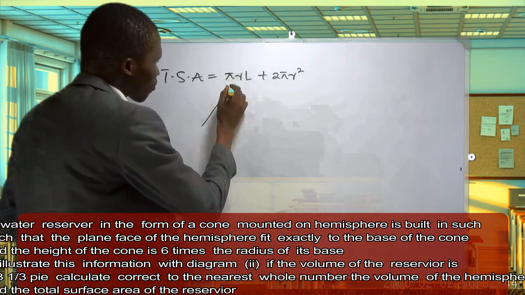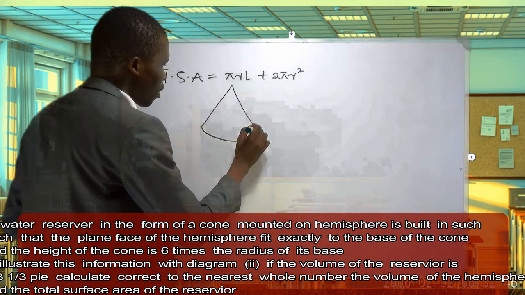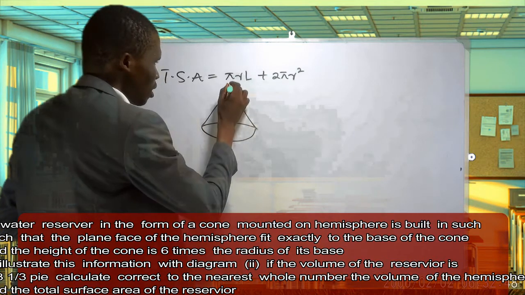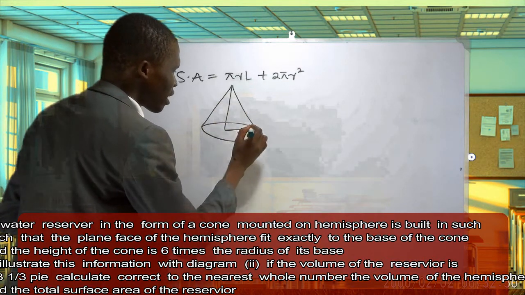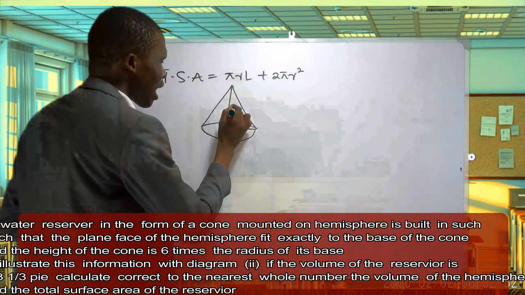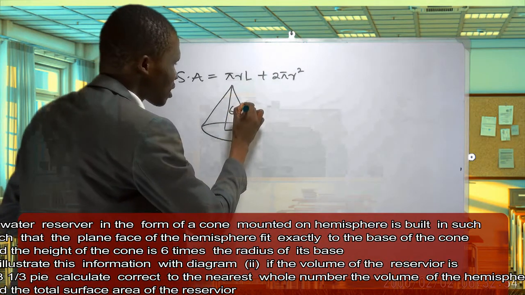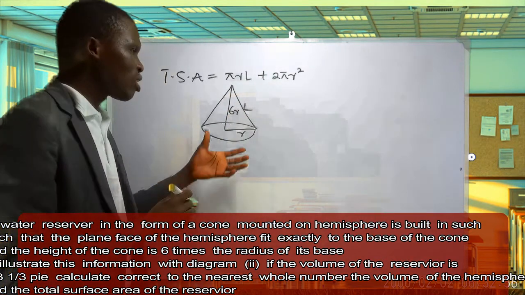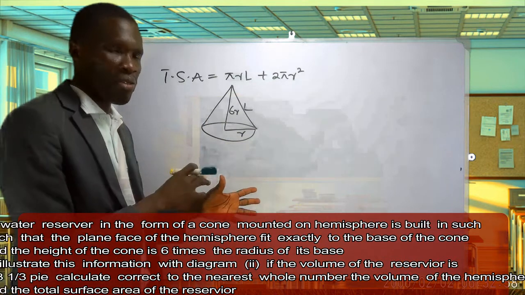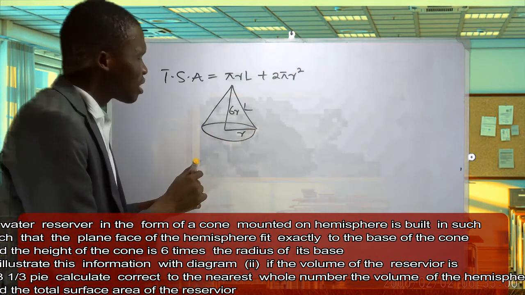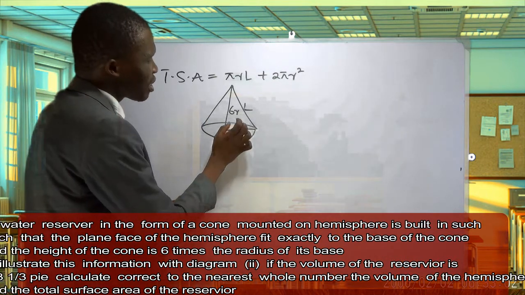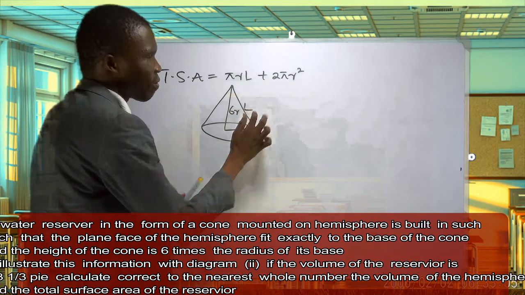You saw something like this before, where you have R here and you have 6R here. This is L. L here is called slant. It's not length, it's called slant. Now how can we find the value of L?